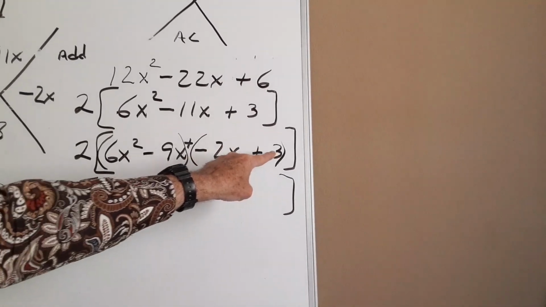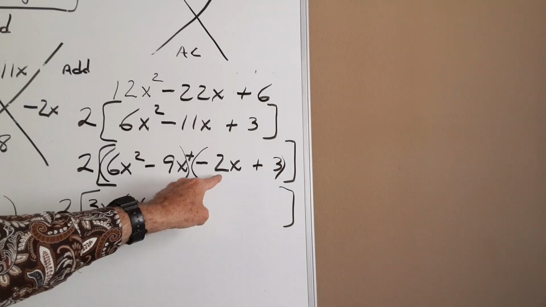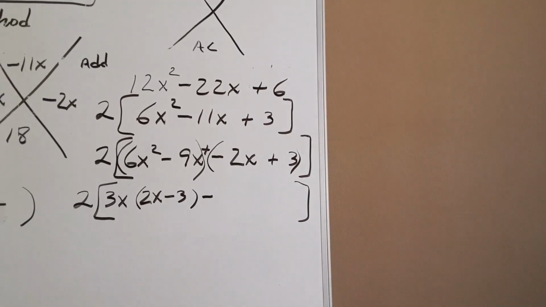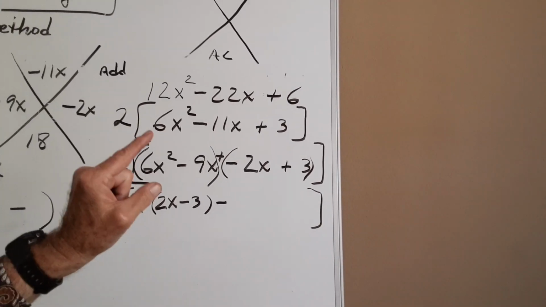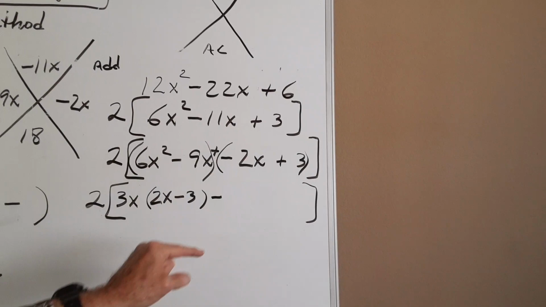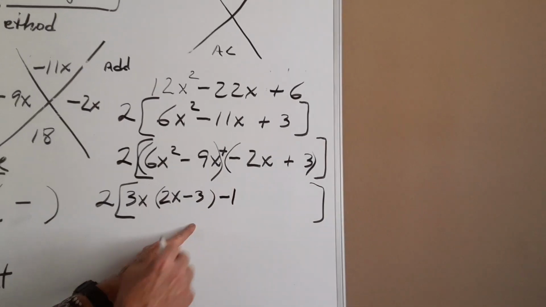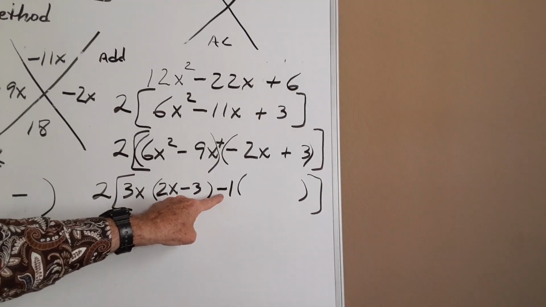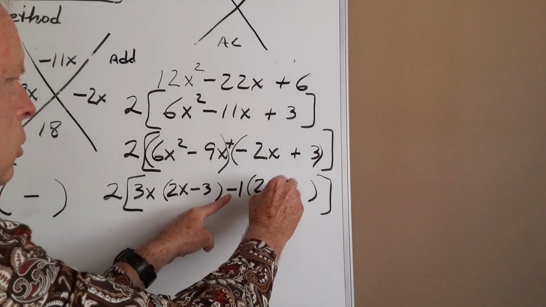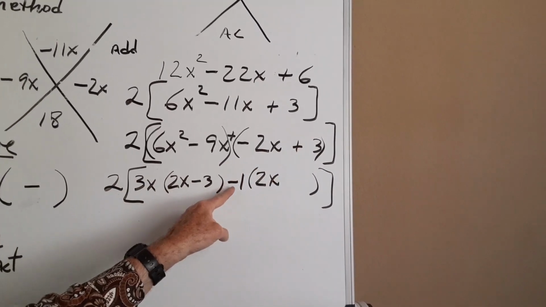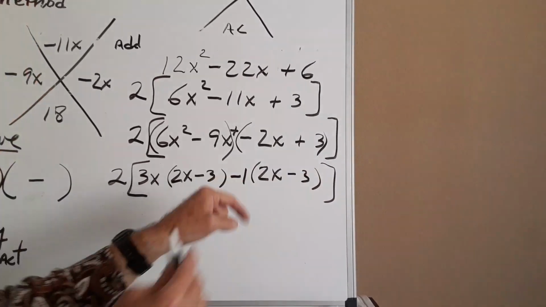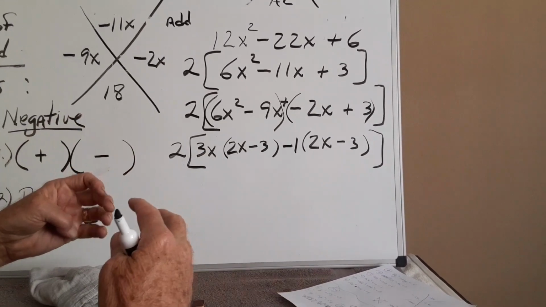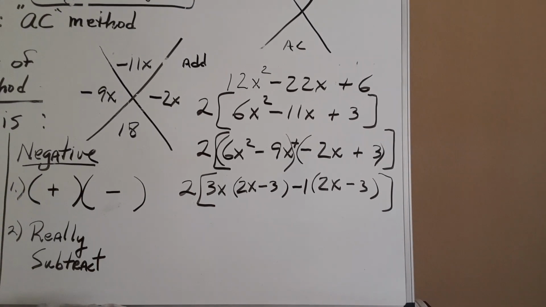The negative 2x and the positive 3 don't both have an x, a 2, or a 3, but they both have a negative 1, and that's what we're going to pull out. Make your house. Negative 2x divided by negative 1 gives a positive 2x. Positive 3 divided by negative 1 gives a negative 3. Here's that common binomial factor. So now we're going to put some things together and relieve ourselves of the bracket.